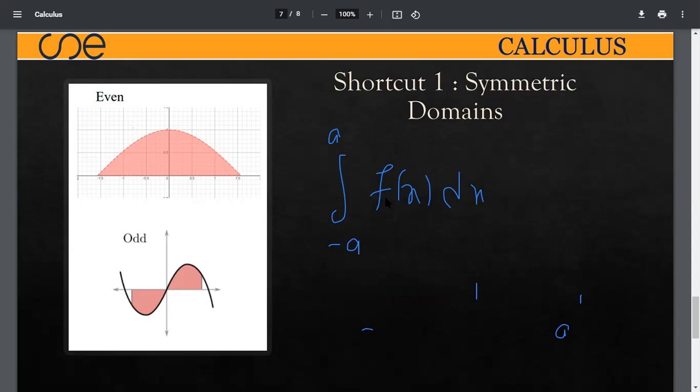I gave you here 2 examples. This is -a, this is a, and here is 0. If I'm integrating this function from -a to a, I realize that I don't need that much integration, because this area is equal to this area.